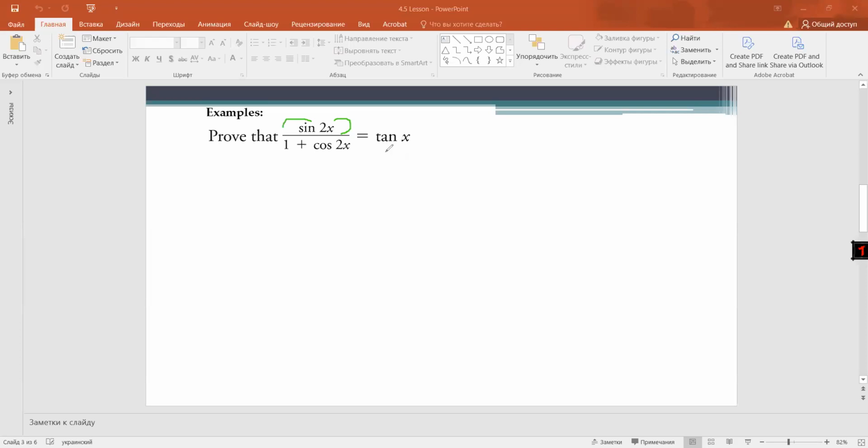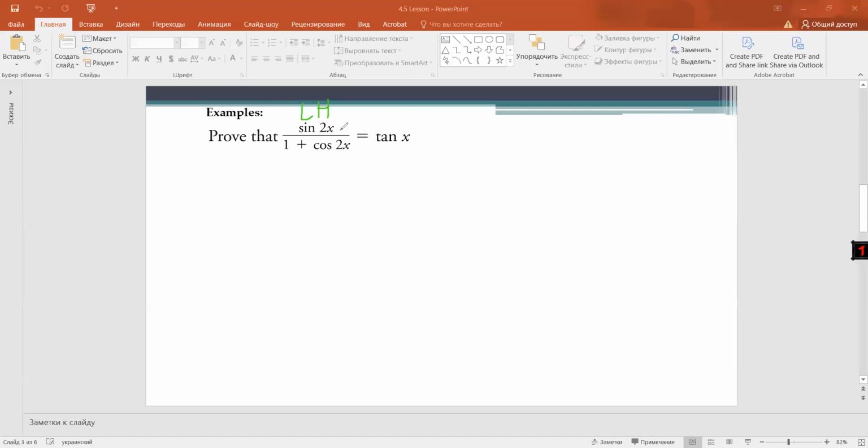So let's begin with defining what we have in this equality. First of all, on the left-hand side, we have sine of 2x. Isn't that somehow related to double angle formulas?